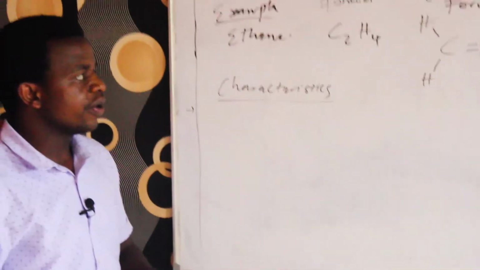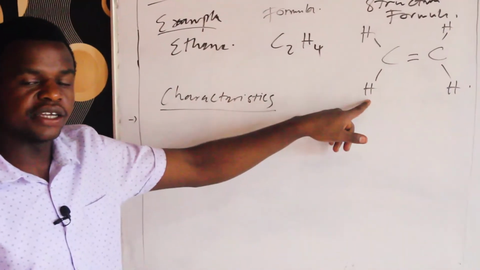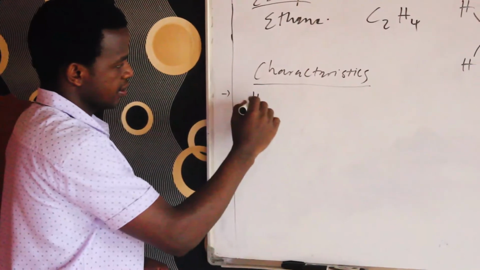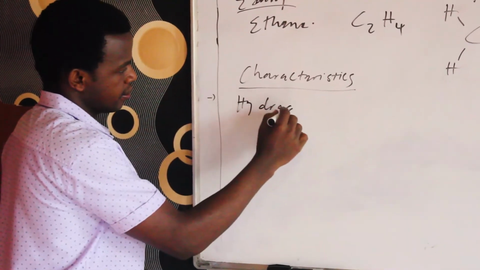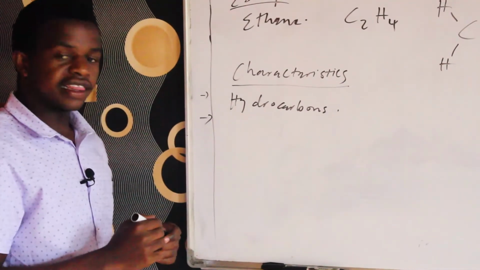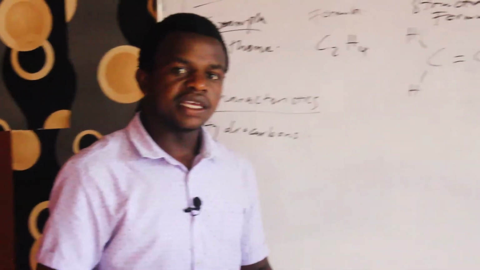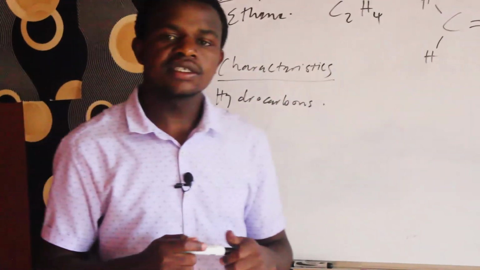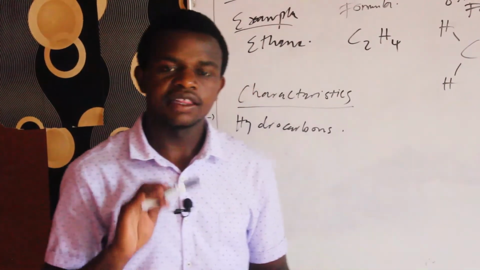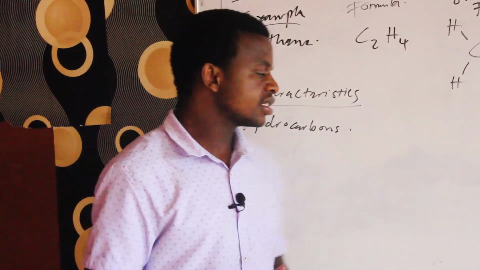As you can see, they only have carbon and hydrogen atoms, so these are hydrocarbons. Then the other characteristic that we can say is that the alkenes are made up of a carbon-carbon double bond. So they are made up of a carbon-carbon double bond.